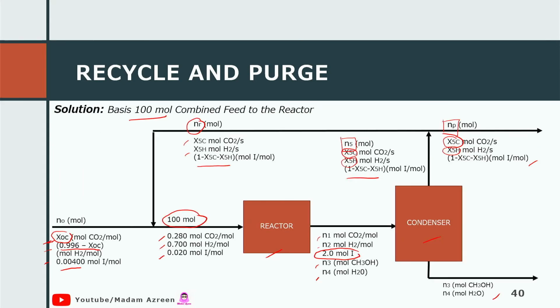This question is about the production of N3 for 155 kilomole, but the basis we set is 100 mole. In order to get this amount, each of these streams has to be multiplied by the scale-up coefficient.